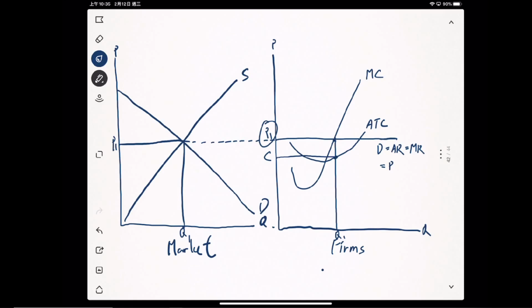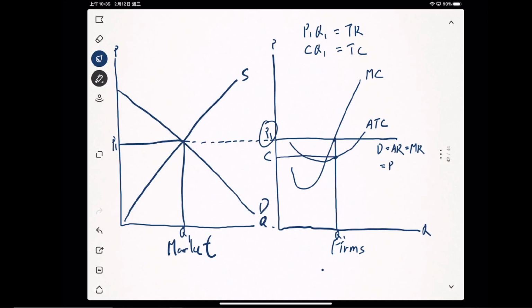So in other words, if we turn this into total revenue and total cost, P1 times Q1 is your total revenue, and C times Q1, which is this rectangle here, is your total cost.